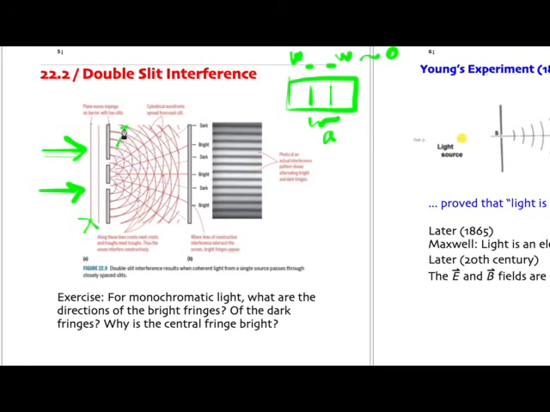So from the first slit, we have waves going out this way, we have waves going down this way, we have waves coming out this way. From the second slit, we have waves going out this way. They have to be in the same color because they're the same wavelength. It's really the same, came from the same beam, so we have some waves coming down here.